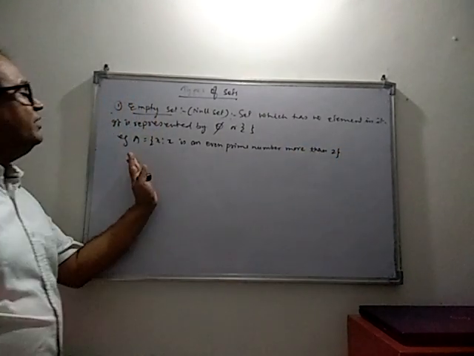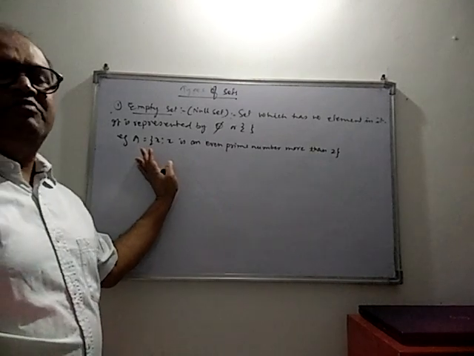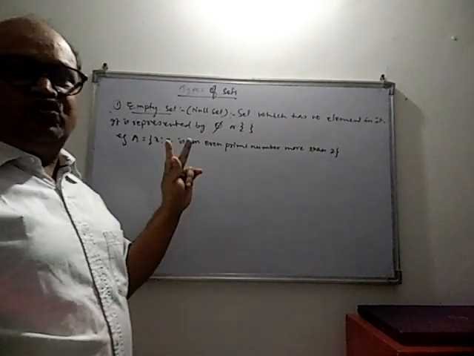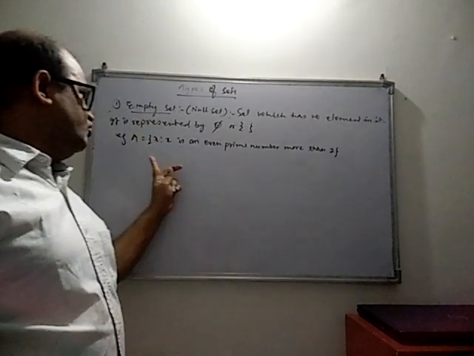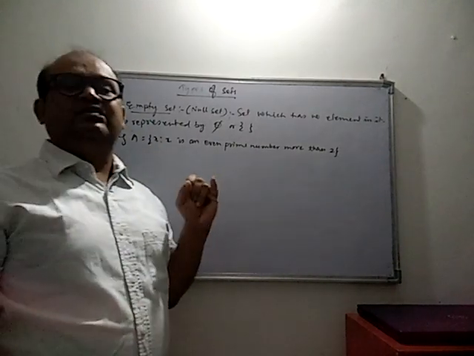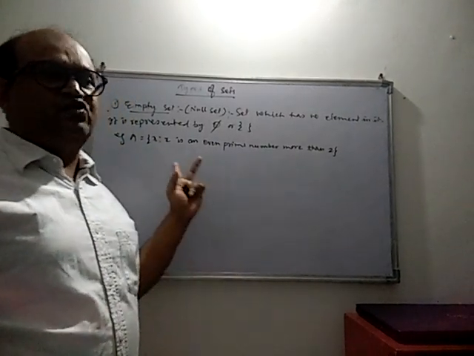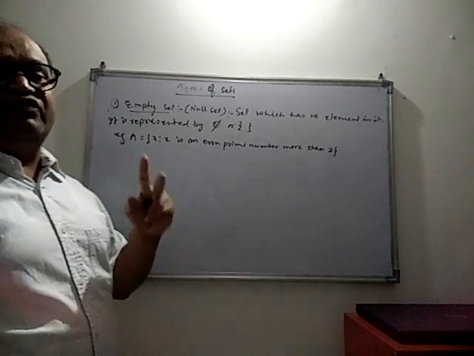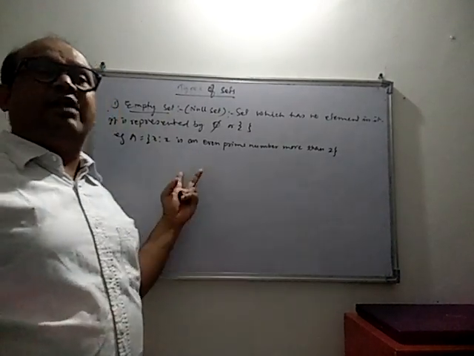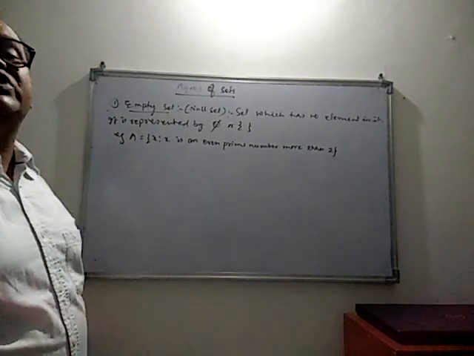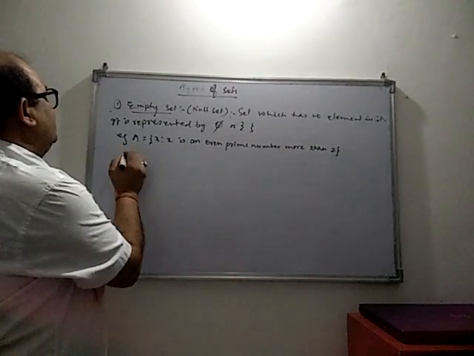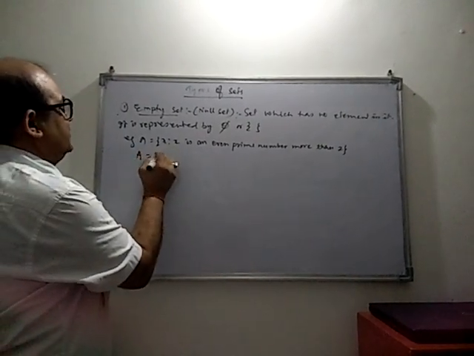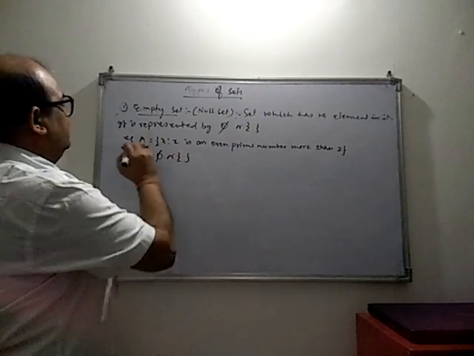There is no even prime number more than 2, as a prime number has two factors, itself and 1. The number 2 has two factors, itself and 1, but other even numbers have more than 2 factors. So the set is an empty set.